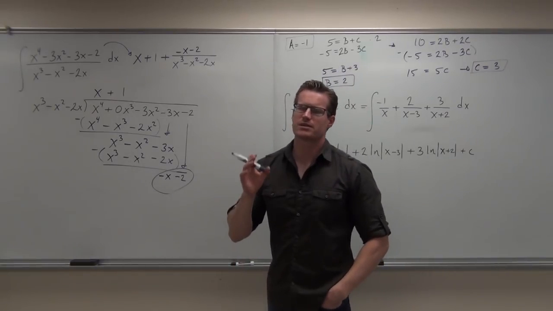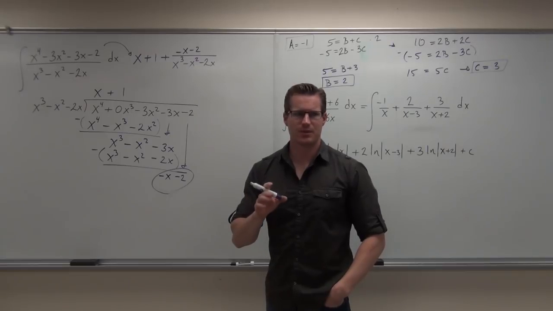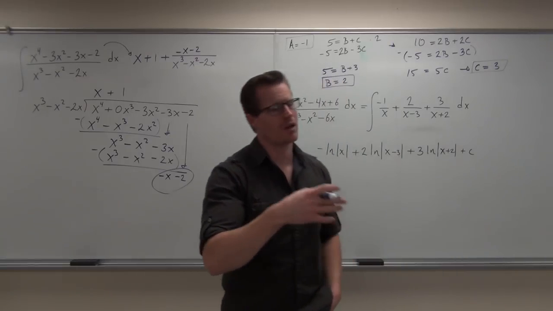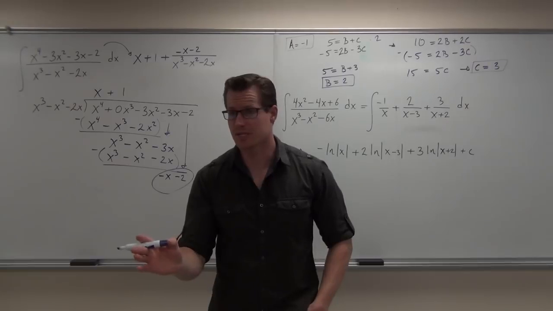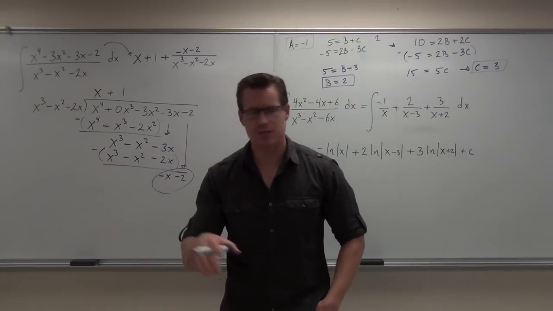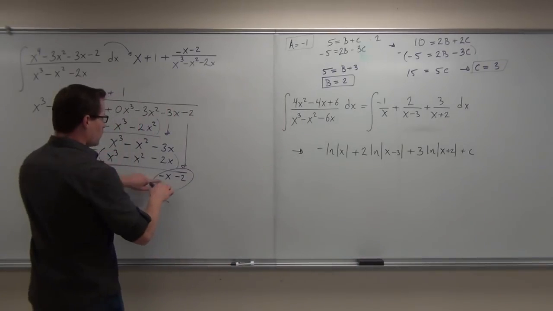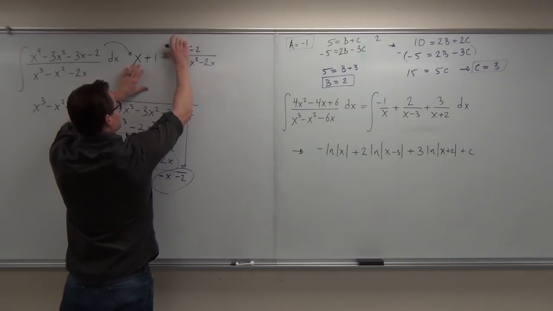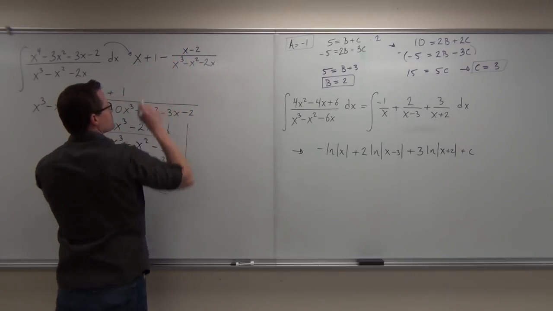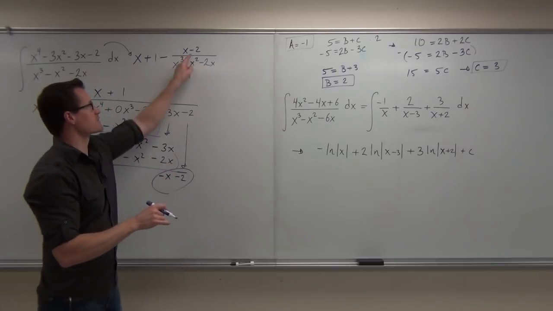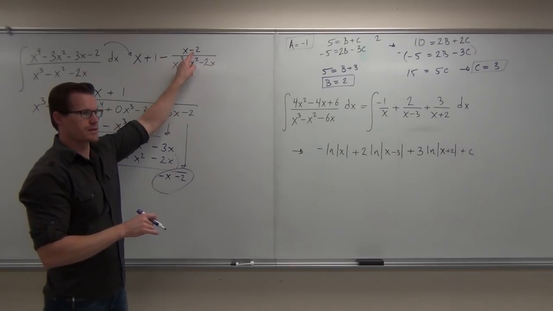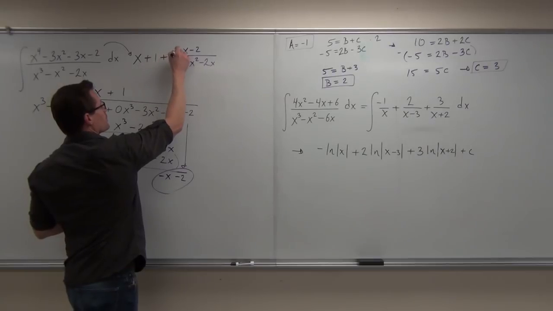Just don't make the silly mistake of doing this. Please let me have your eyes on the board right now so you see this. A lot of mistakes here are not calculus mistakes. They're sign mistakes. They're sign errors. If you do this and you go, oh, look at that, minus, Mr. Leonard's silly, why don't you just put minus? I don't put a minus there because this sign is wrong right now. Do you know that? That's incorrect. So what I'll do is I'll put a plus with my negative.